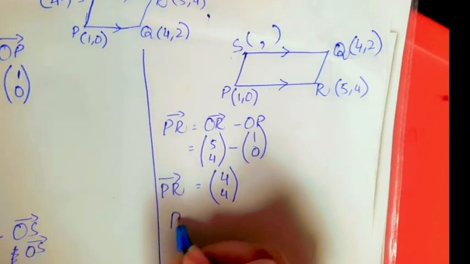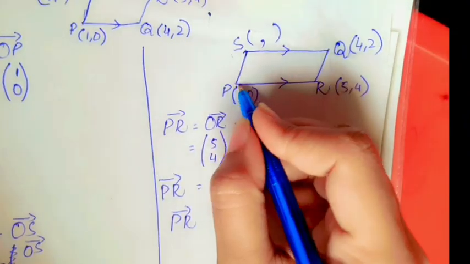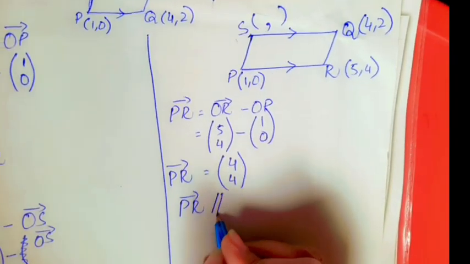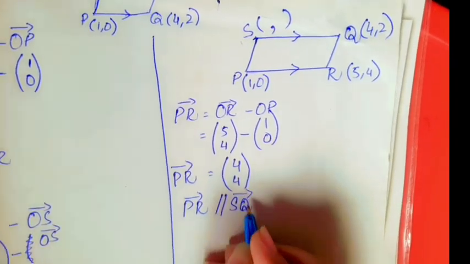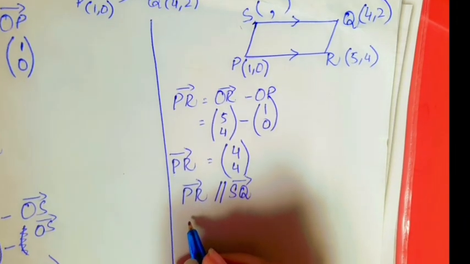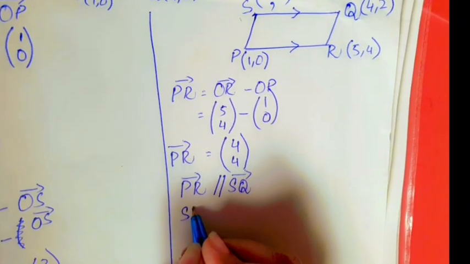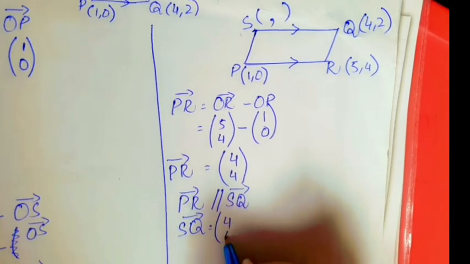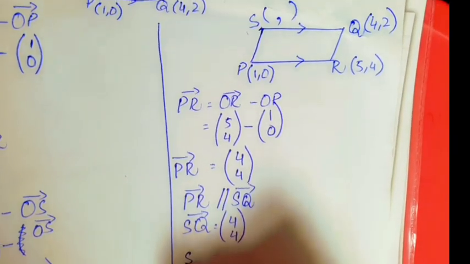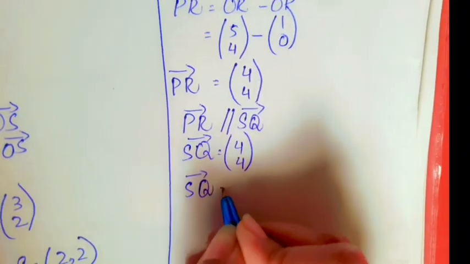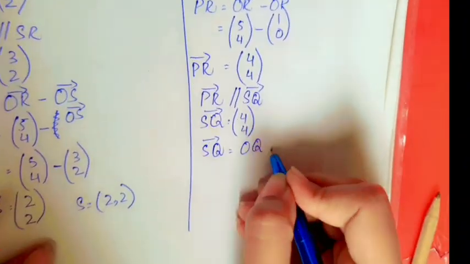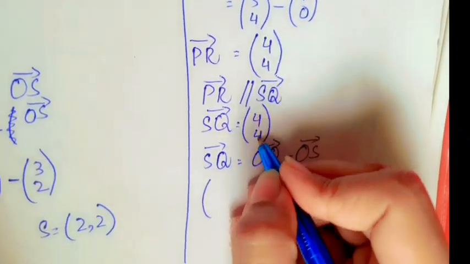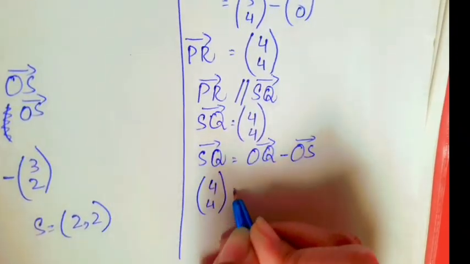Now you know that this line PR is parallel to line SQ. So the coordinates of SQ are also (4,4), and you know that SQ is equal to OQ minus OS. You know that SQ is equal to (4,4).